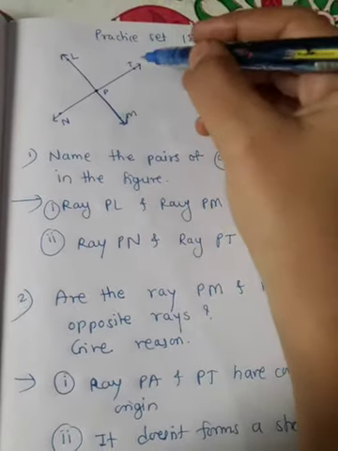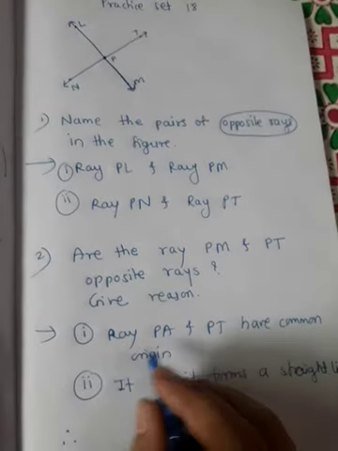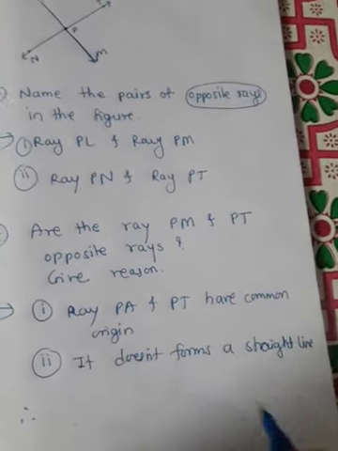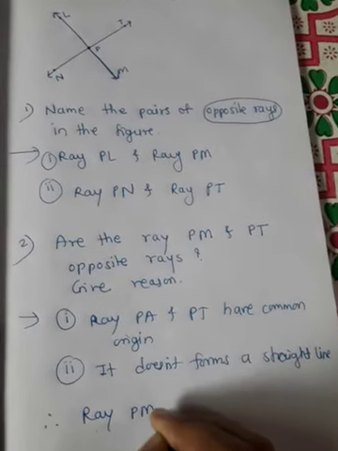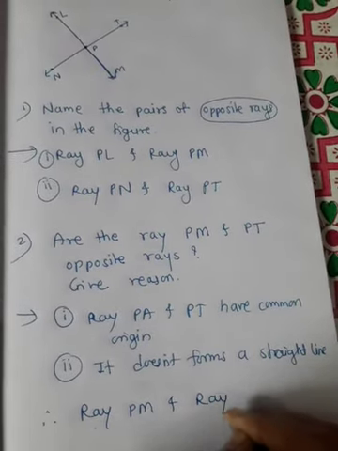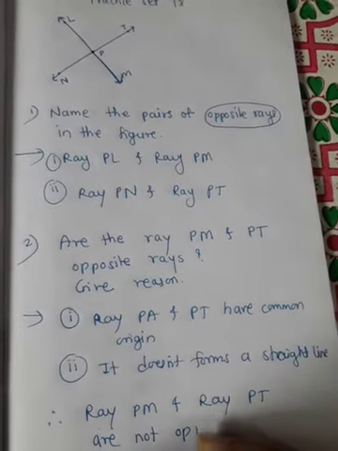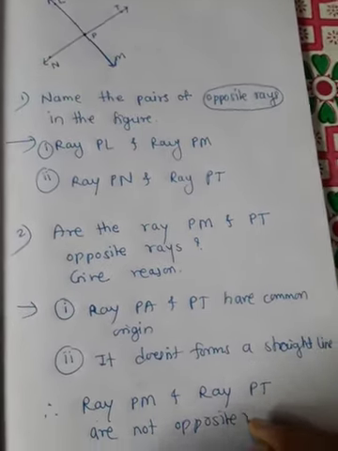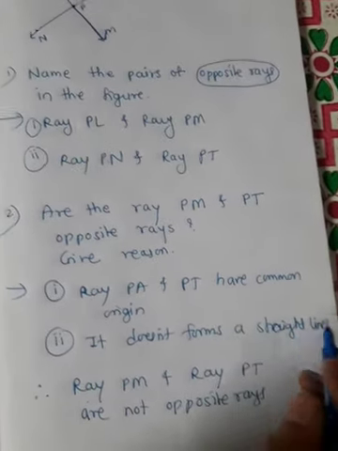They are not in opposite directions. Therefore only one condition is satisfied, the others are not. Therefore ray PM and ray PT are not opposite rays. And the reason is that they don't form a straight line.